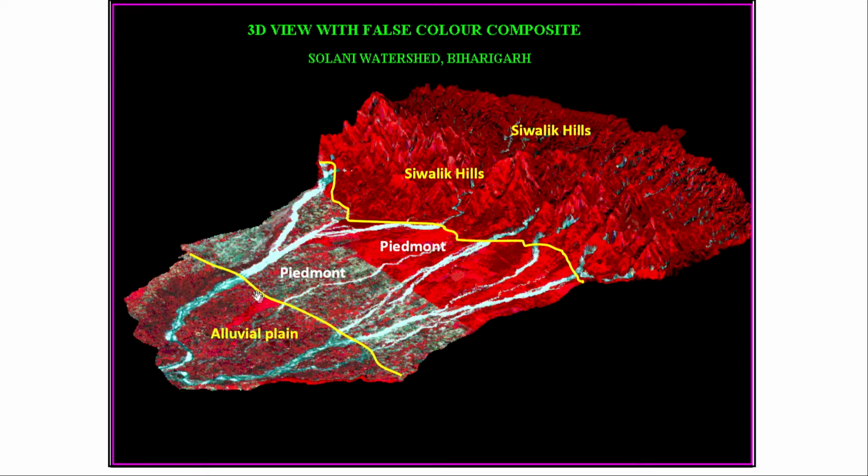It is an indication that from here the landform is changing. So this is the alluvial plain, this is the Piedmont plain, but this is the hills. So three types of geomorphology or three types of parent material are present in this area, which is very well represented from remote sensing data.